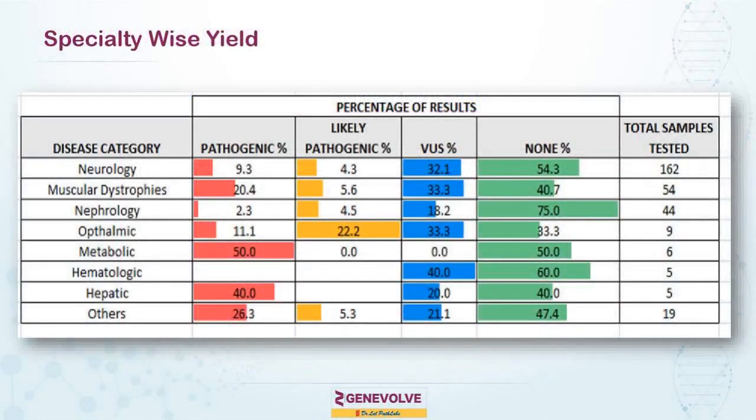And what we find is that our yield is more when we see a metabolic disorder, because metabolic disorders are very well classified in literature. In muscular dystrophy, we have a success rate of around 25 odd percent, and this data is in line with the expected yield of around 25 odd percent when you are looking at individual cases.